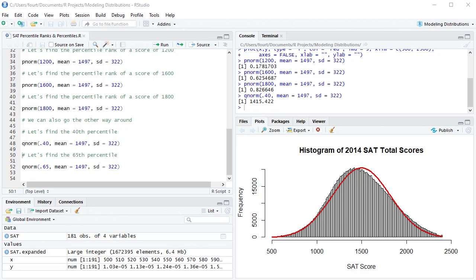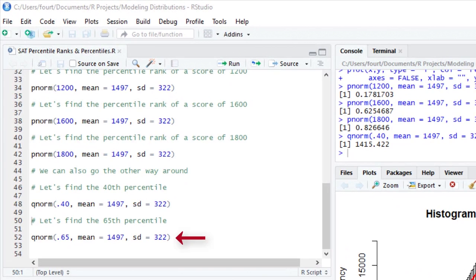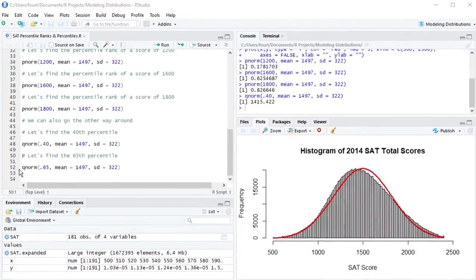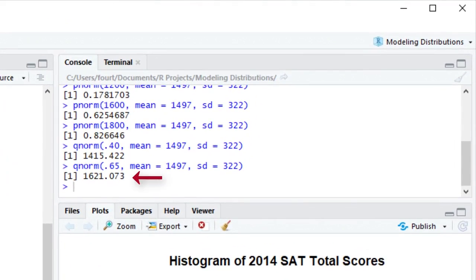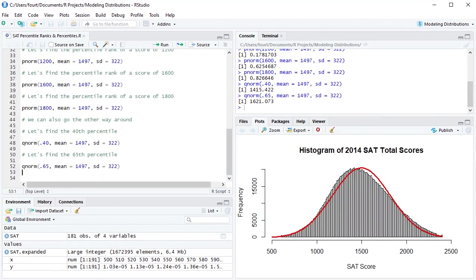Let's find the 65th percentile. This time we put in the proportion 0.65. The function returns 1621. The 65th percentile is 1621.